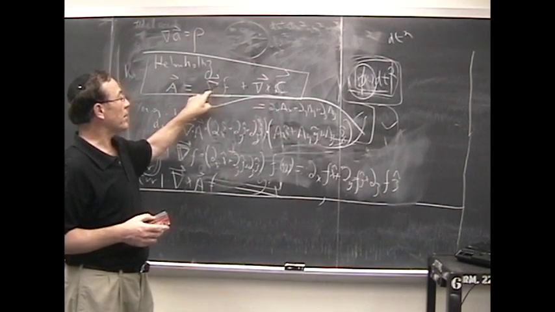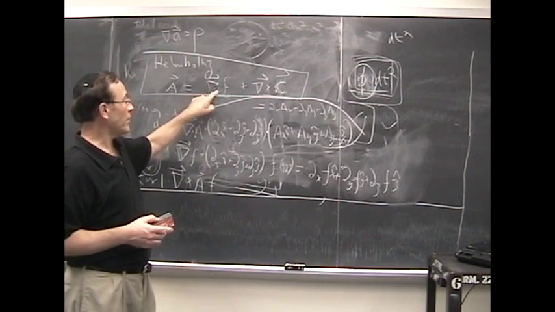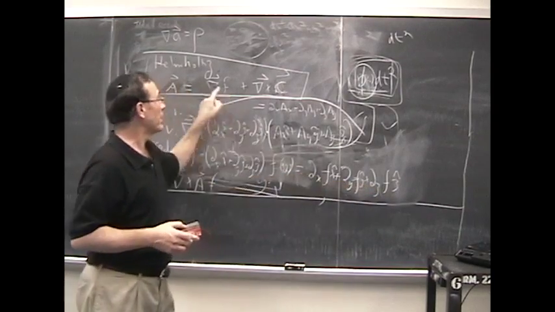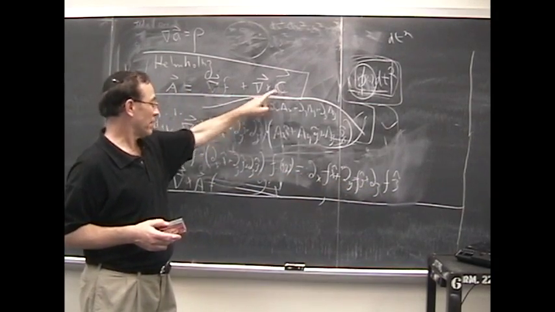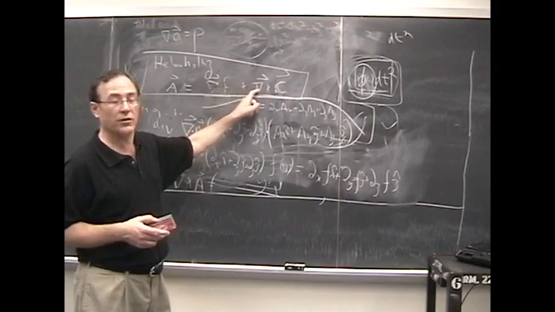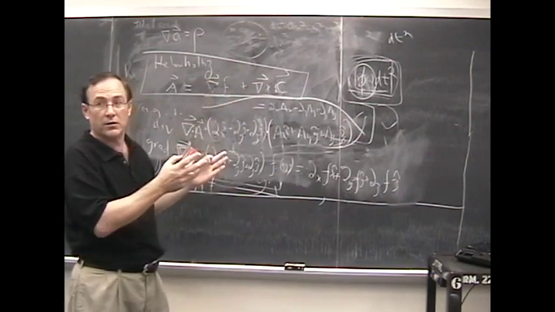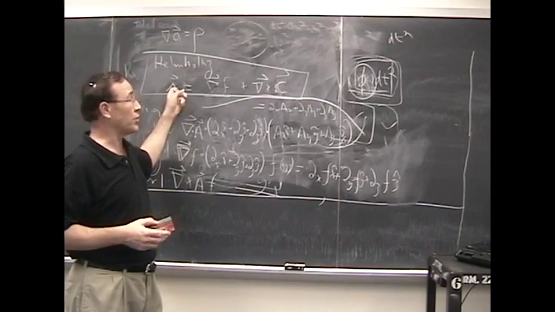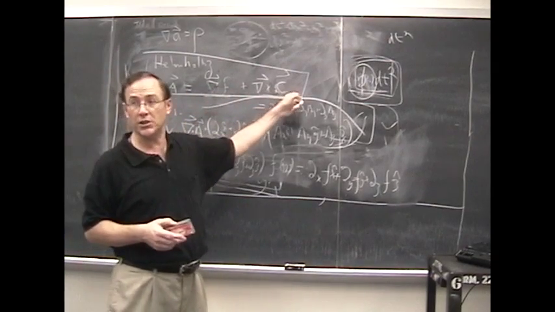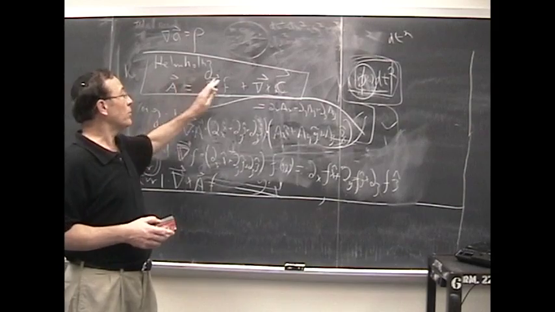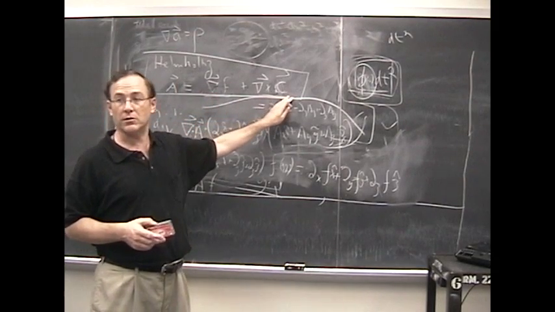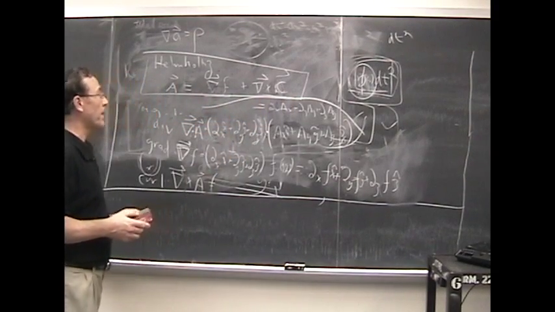This is what, a vector or scalar? That's a vector. This is a vector, right? So you have two vectors here. You add these two. This is three components, this is three components. You add them up, you get a three-component vector. You get one vector. That's the vector A. You have to carefully choose your F, carefully choose your C, but any A, it'll be possible to do this. Okay, it's a very nice theorem.